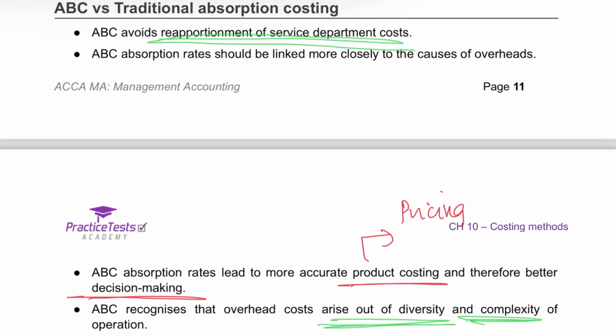Because the first time itself, we identify the relevant cost driver for it and we allocate it. So no reapportionment is needed using activity-based costing. So these are the fundamental differences. It's just a more refined approach to absorption costing. So you will learn absorption costing in more detail as you go through the ACCA syllabus. So that is a touch on activity-based costing.